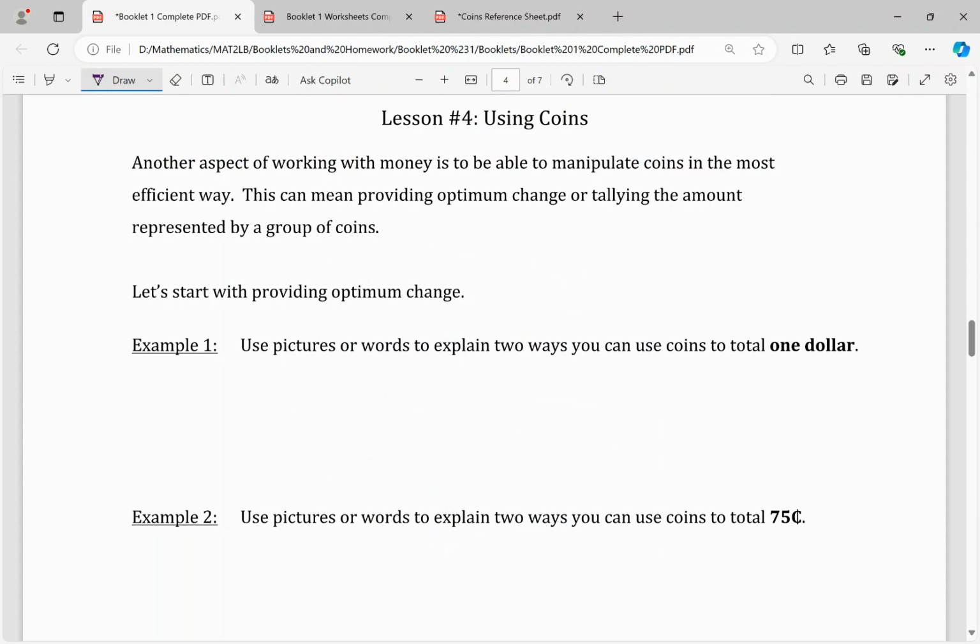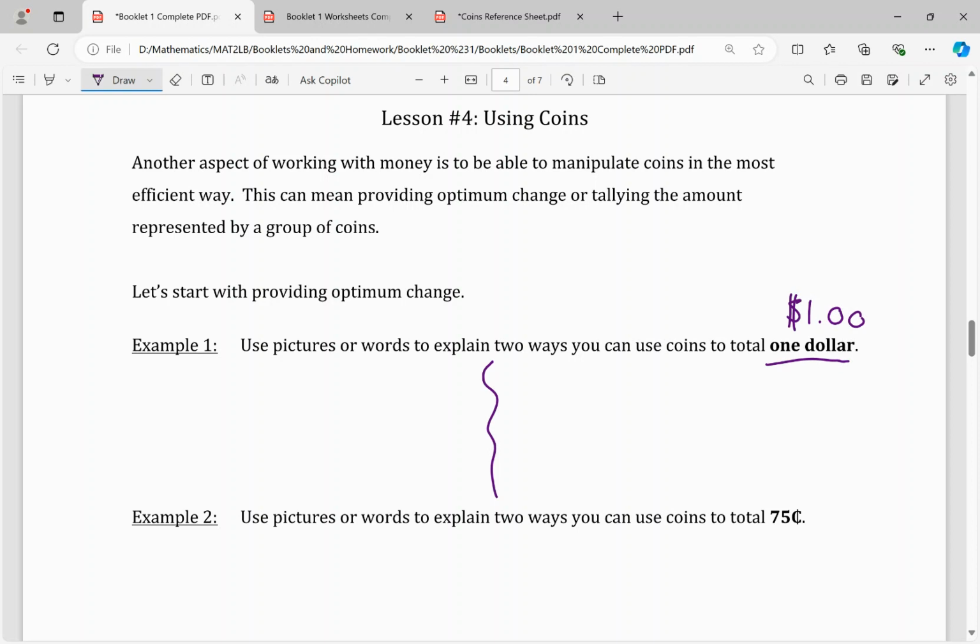Example 1 asks us to use pictures or words to explain 2 ways you can use coins to total $1. So there are going to be many different answers to this question, but we need to use any coins that we want to make up $1. Well, as I briefly mentioned before, the easiest way to make $1 with coins is just to use a loonie, right?